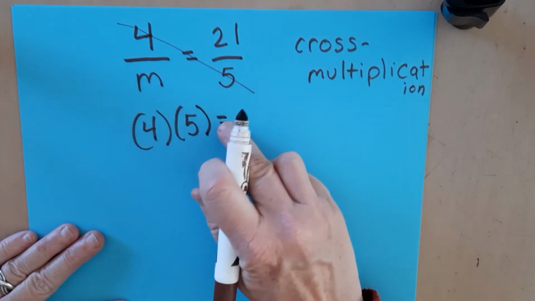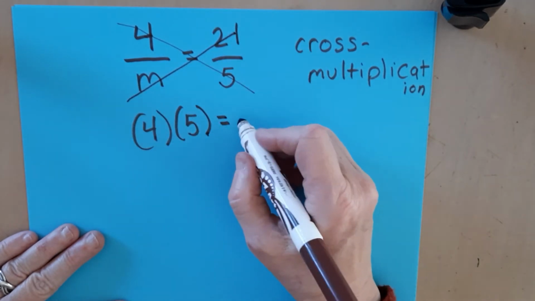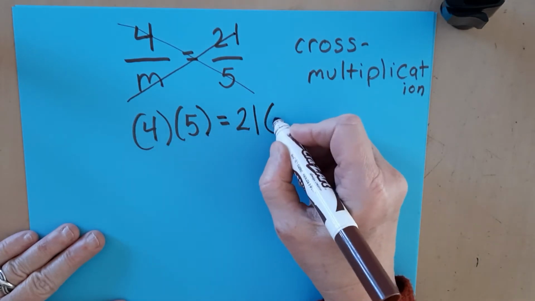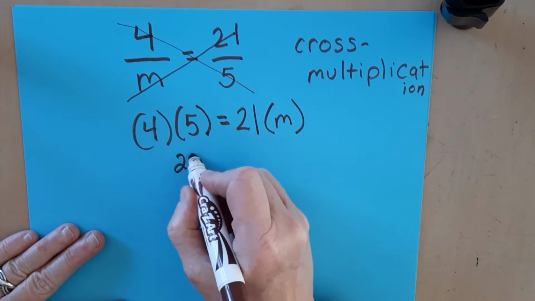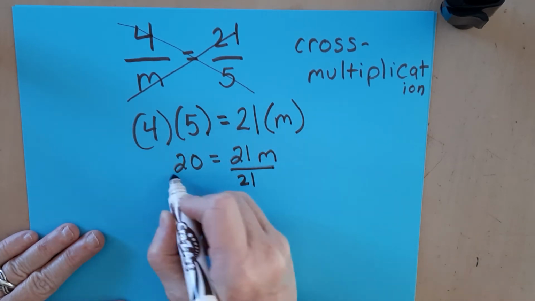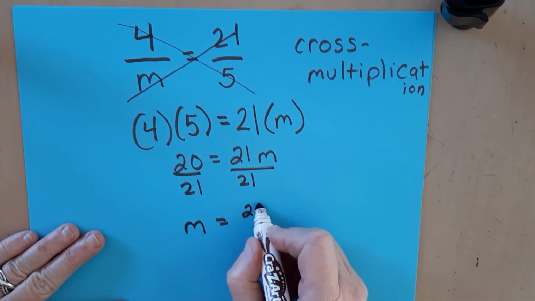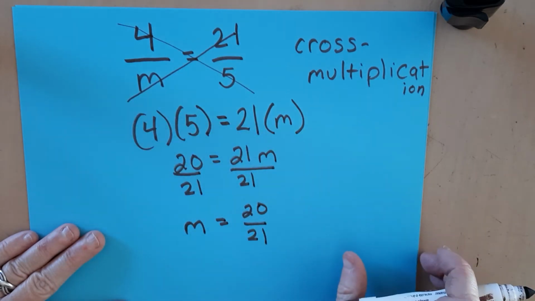We would set that equal to the denominator on this side multiplied by the numerator on this side, 21 times m. So 4 times 5 is 20 equals 21m. Dividing each side by 21 gives us m equals 20/21. And that's simply how you do a cross multiplication problem.